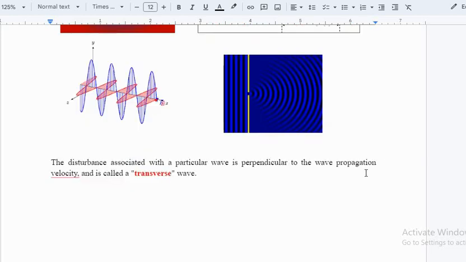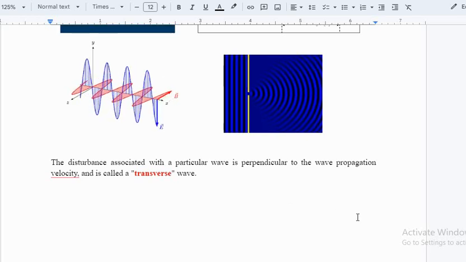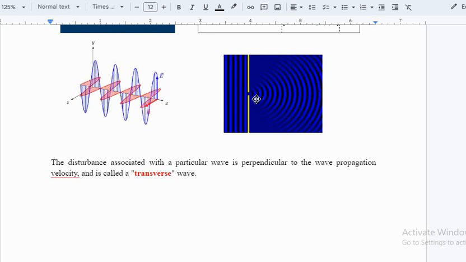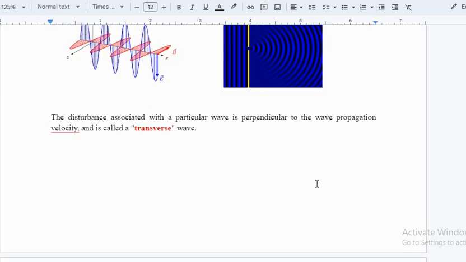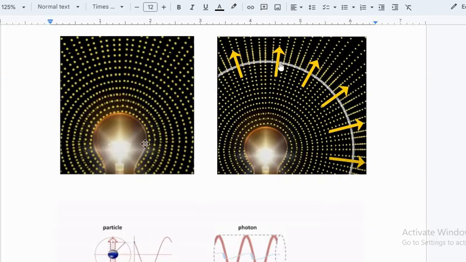Now one can think about a source of energy, a light source, which can move in the forward direction in the form of a wave. So from now on, when we think about light waves, we need to think about a source like this, and energy moves in all directions. This yellow dot is the light source, and the yellow dots are moving each time in all directions.